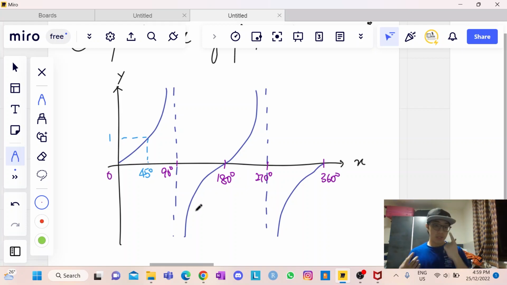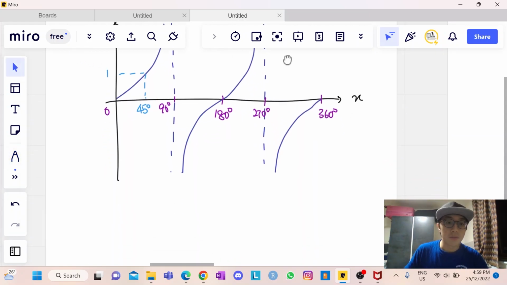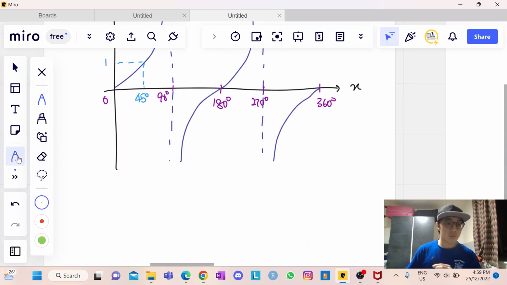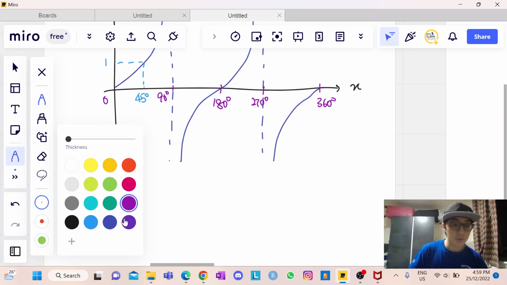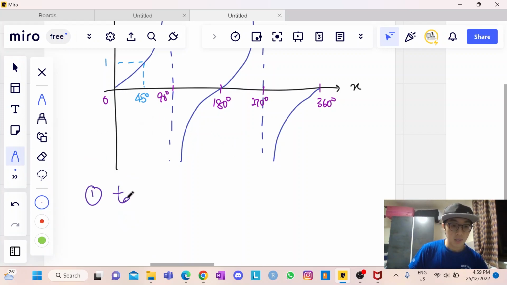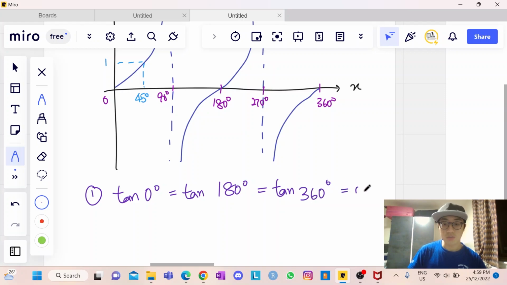So this is the basic tangent graph, and there are not really a lot of things you need to remember here. If we are going to write down, number 1, tangent 0 degrees is equal to tangent 180 degrees is equal to tangent 360 degrees equals 0. This is very similar to the sine graph, as you can see, sine 0 is equal to sine 180 equals sine 360 degrees.